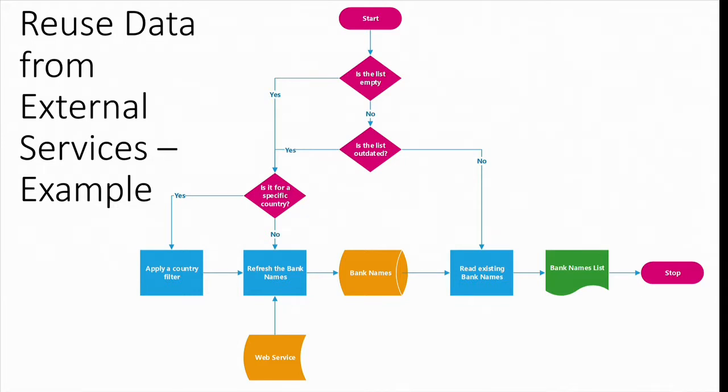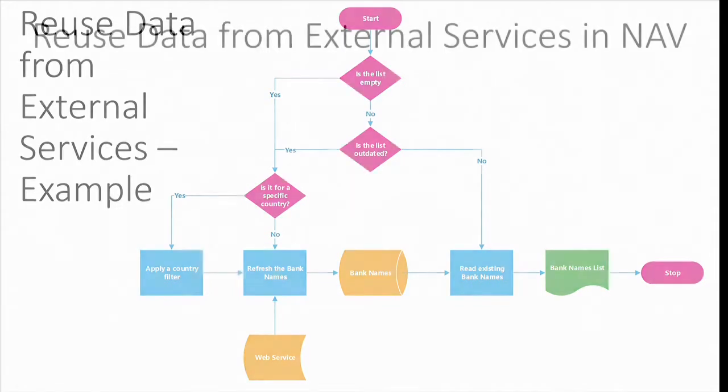If we have the data already cached and it's not outdated, we just use that one. Otherwise, we will have to figure out which country code the bank belongs to, and based on this, we ask the service to give us the proper bank names for that one, and that is a subset of the overall list the web service can offer us. So the footprint we download here is very minimal, and also only when needed and being outdated.